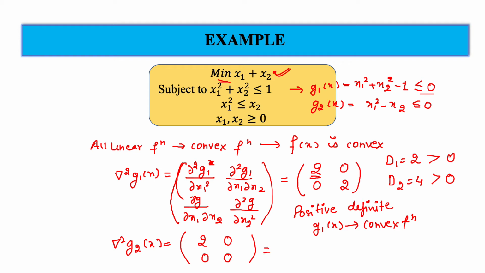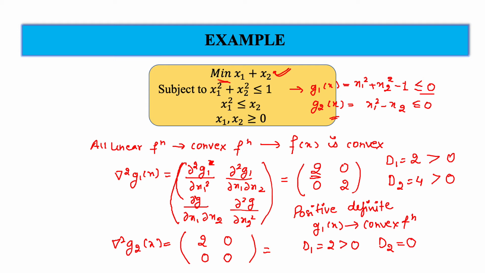So initially d1 is 2, which is greater than 0, and d2 is equal to 0.